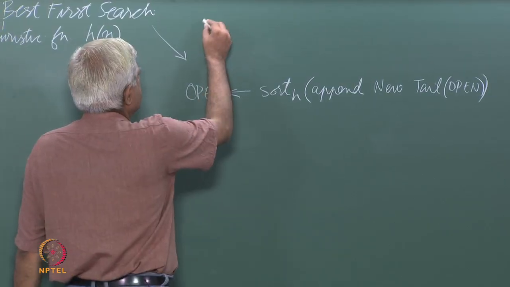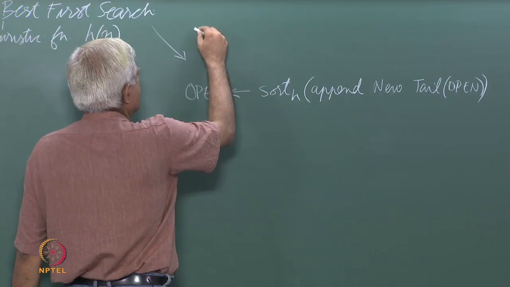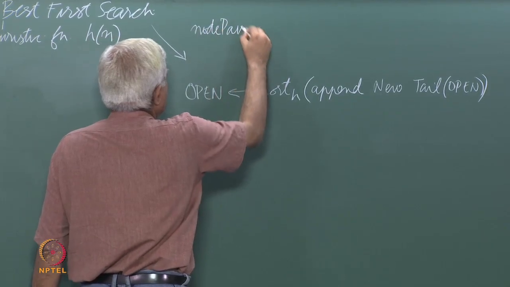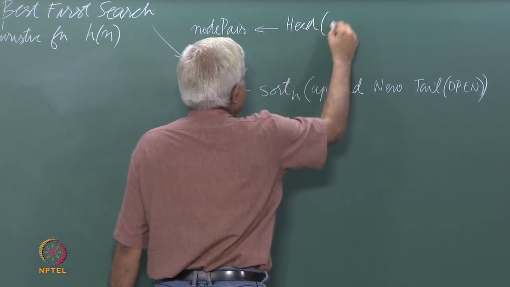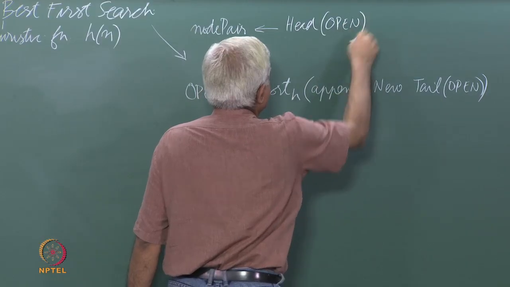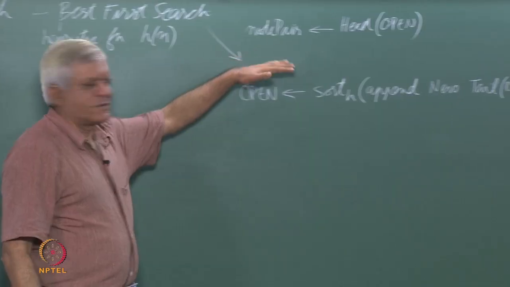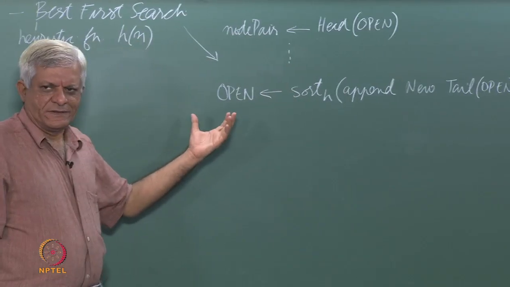We always pick a node, so that strategy does not change. We always pick the node from the head of open, do all the processing that we do, and eventually add the new nodes to open and sort the open list.